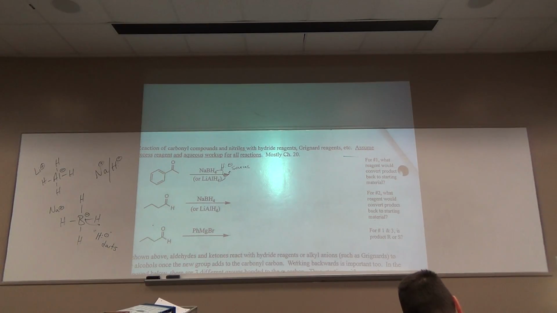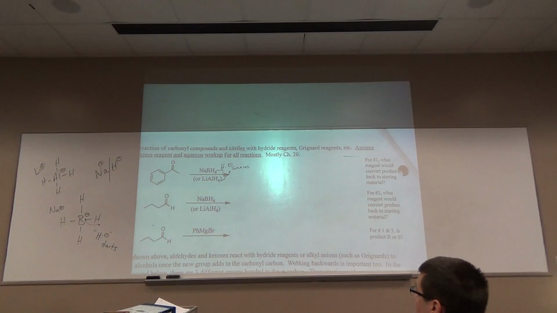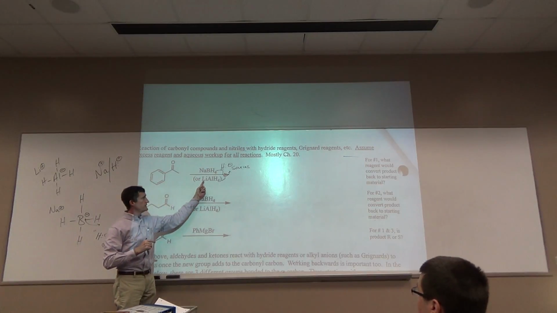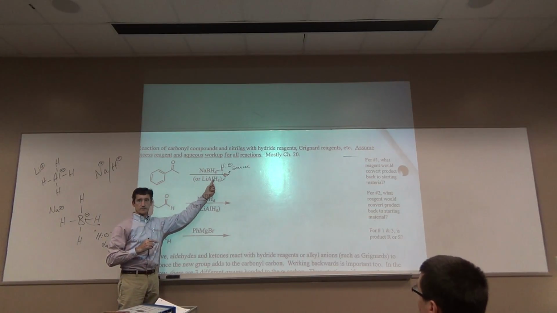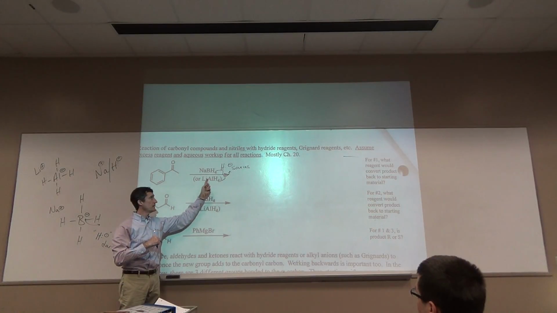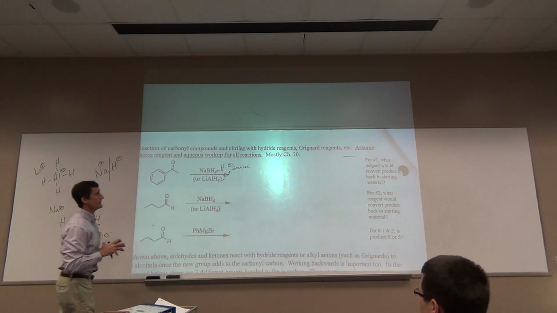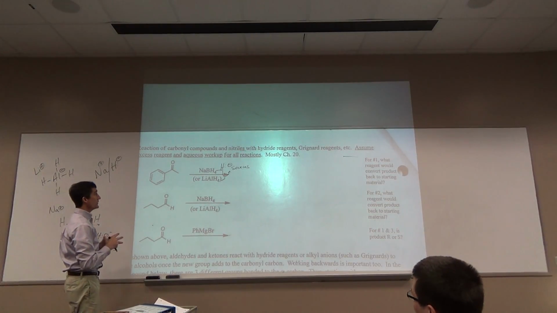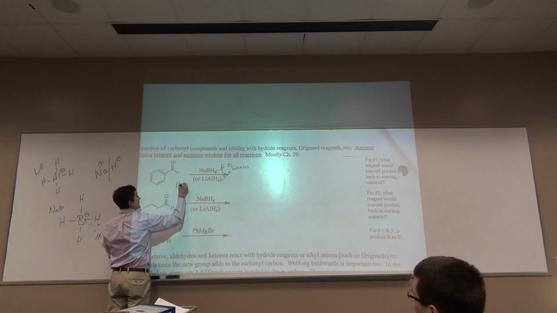Yes, you can buy sodium aluminum hydride, but lithium is by far the most common. I'm not sure why, but it is. A lot of times this is shortened to LAH. LAX is the airport in LA. This is LAH. You ever hear LAH? That's what we're talking about. Okay, H minus. Here we go.